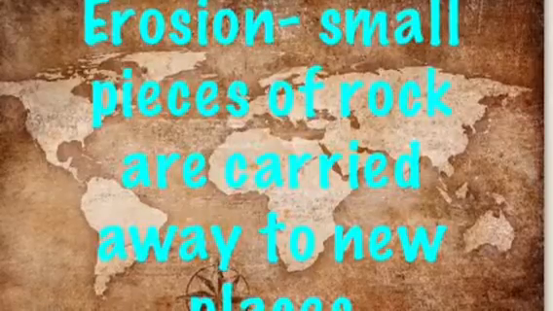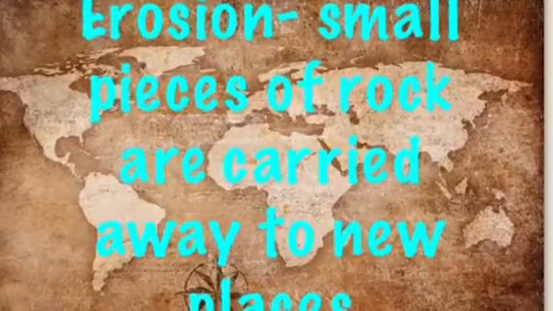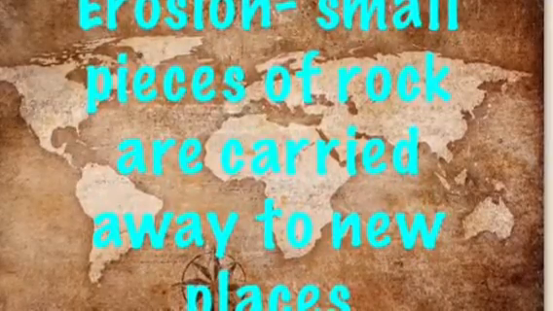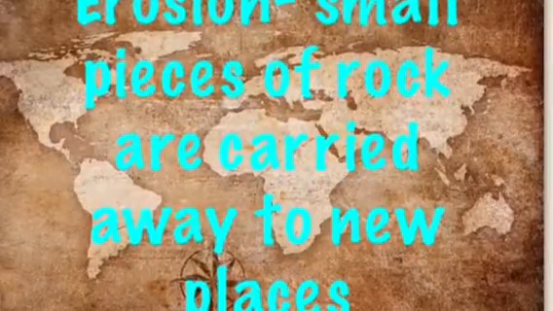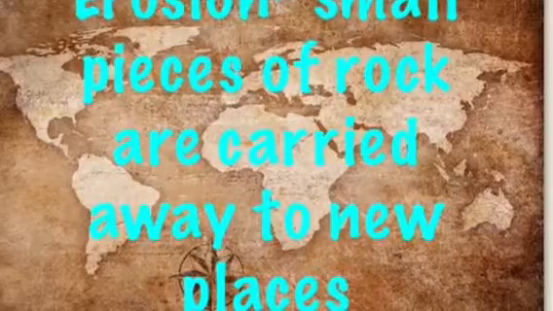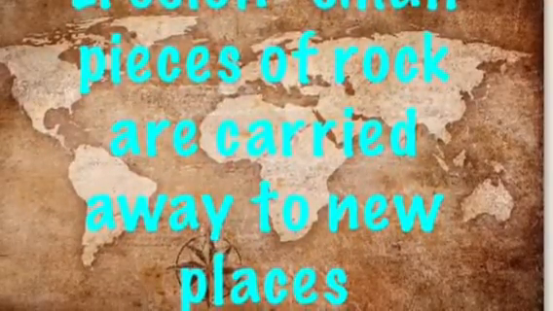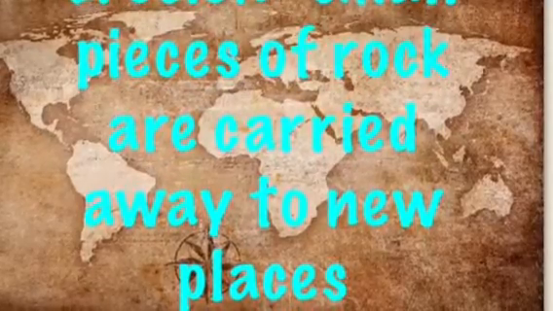Erosion is also a process that breaks down the Earth. Erosion is when small pieces of rock are carried away to new places. Both of these processes can create new landmasses. Can you think of an example of a landmass that is created through erosion or weathering?